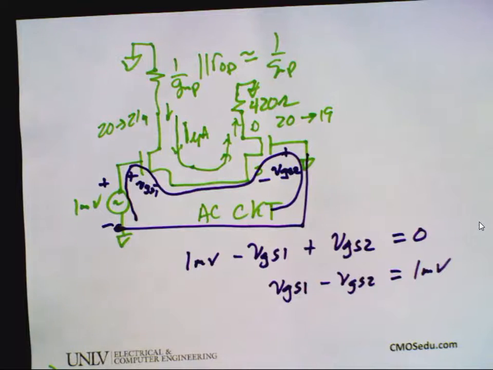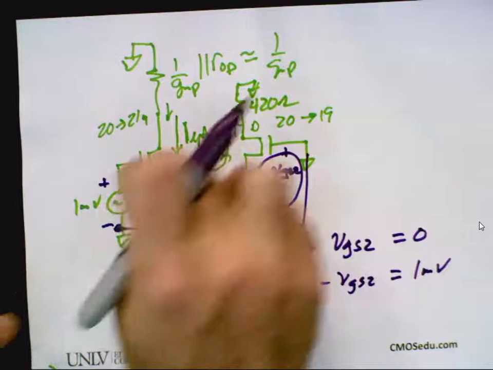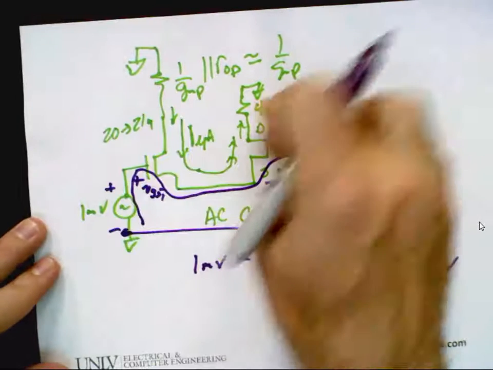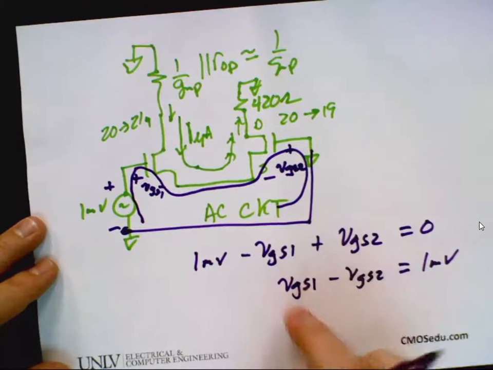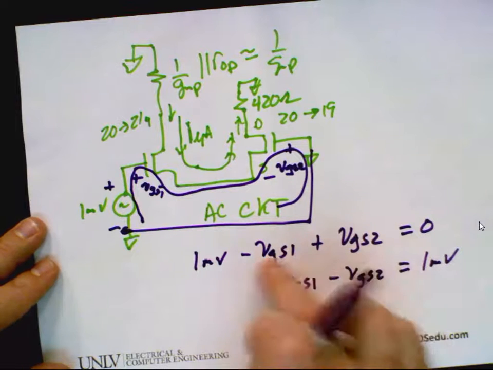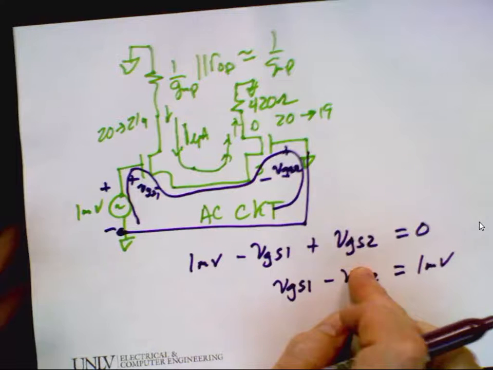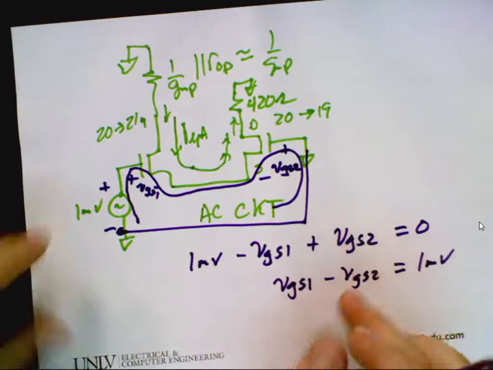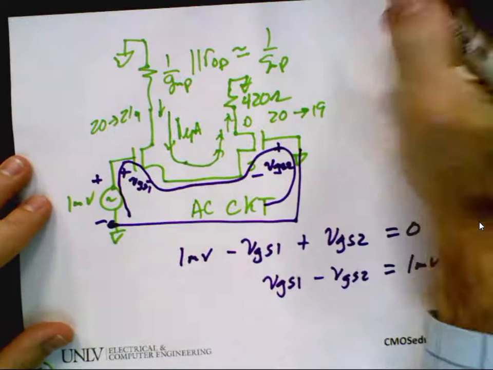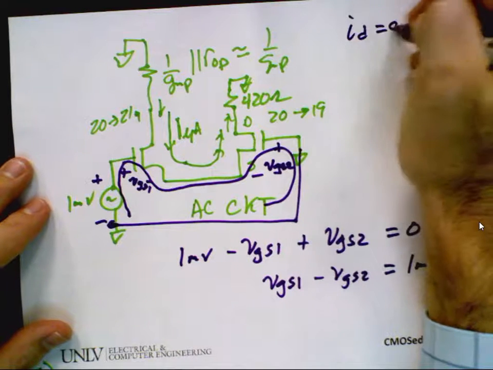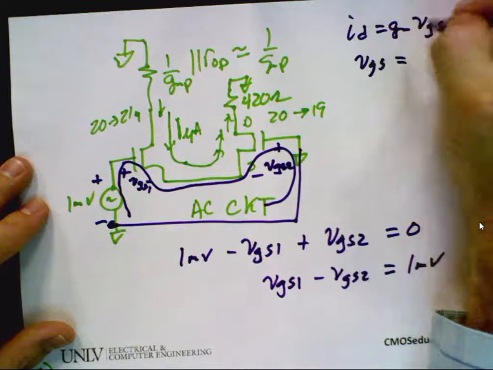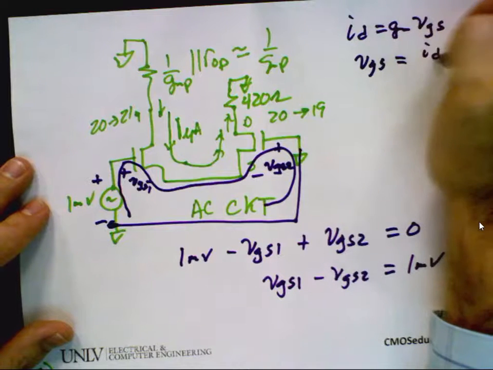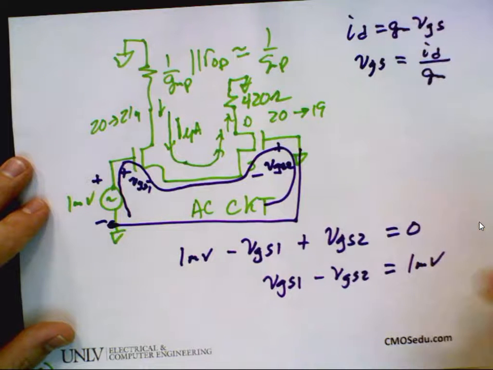Okay, so here's the thing. I just intuitively said the AC current flowing through here has to equal the AC current flowing through there. But that can only happen if these two VGSs are equal and opposite. But I want to think about this in several different ways. First, I'm going to go up here and write the equation we always forget. ID equals GM VGS, or VGS equals ID over GM.